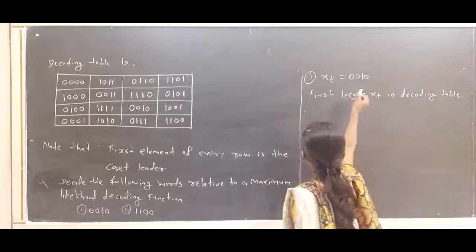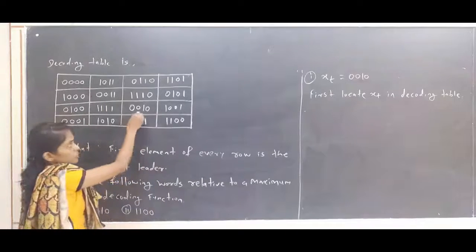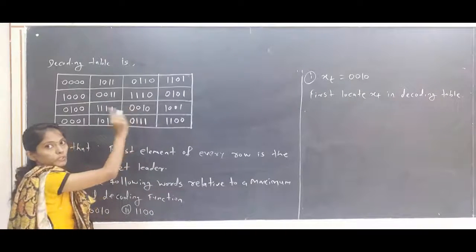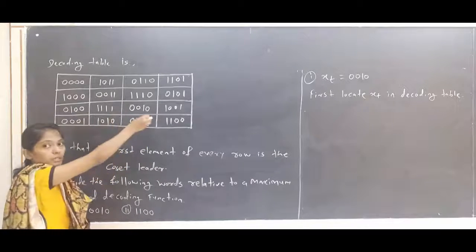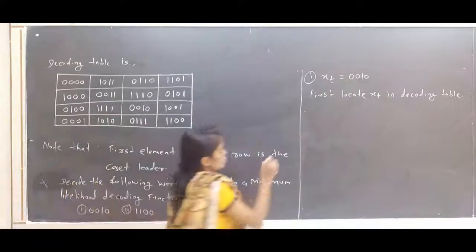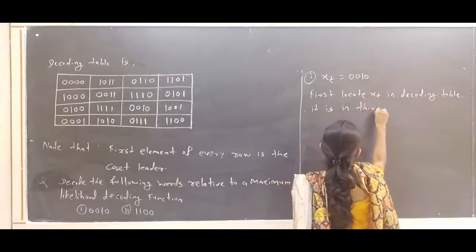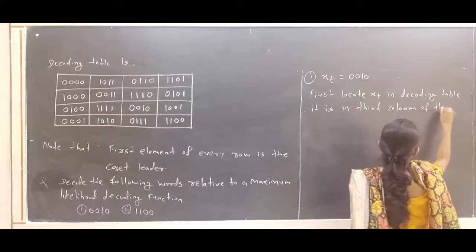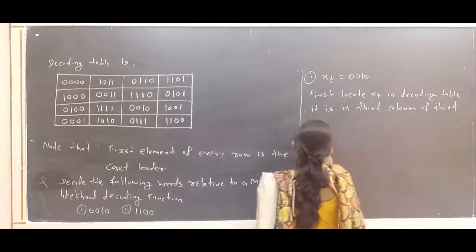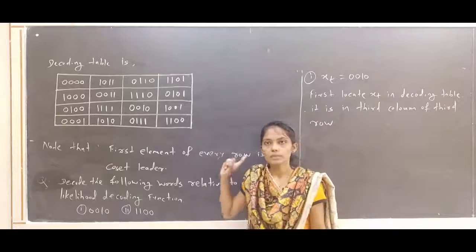So see here, the word 0 0 1 0 is placed in the third column of the third row, right?